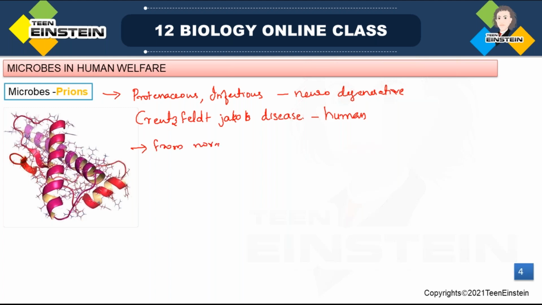From normal protein folding, it is getting folded in an abnormal way. So abnormal protein folding is found in this kind of disease.